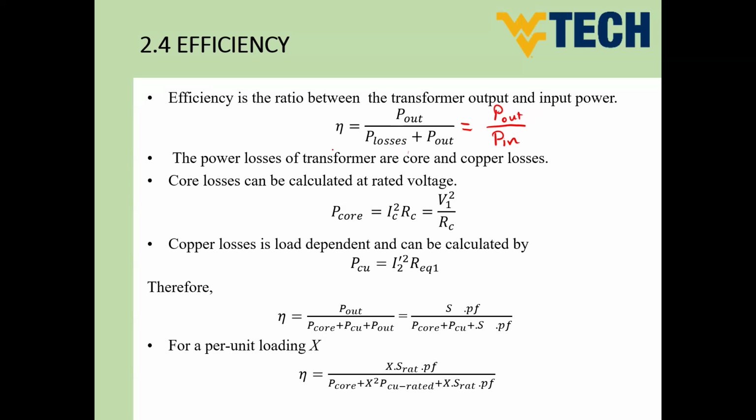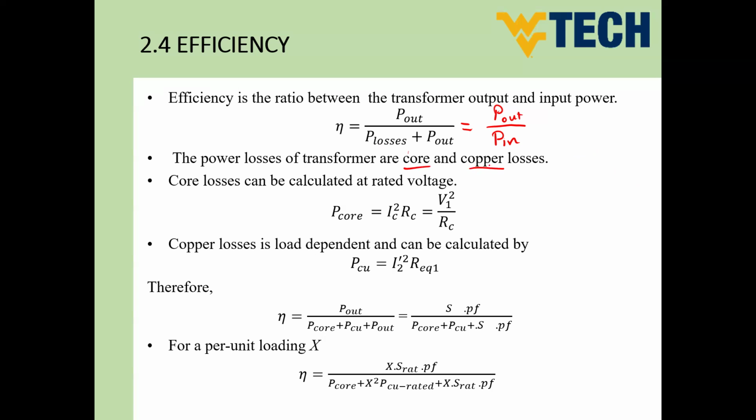So this is the efficiency. How can we make calculations for the efficiency? The power loss of a transformer is the summation of the internal losses. So if we go to the equivalent circuit of the transformer, guys, we would have two different resistors, and these resistors will consume some losses. These resistors are equivalent and are core. So we have core loss and we have copper loss.